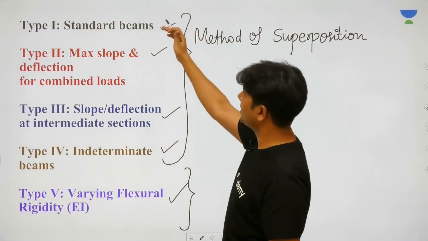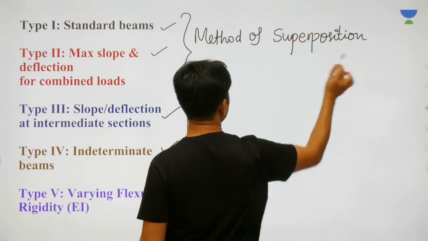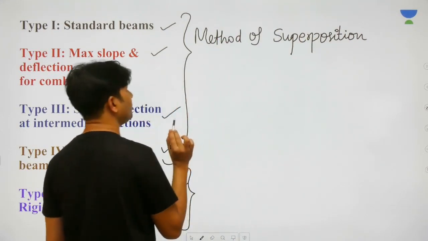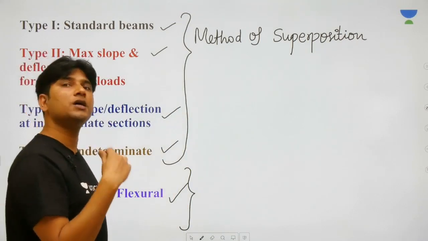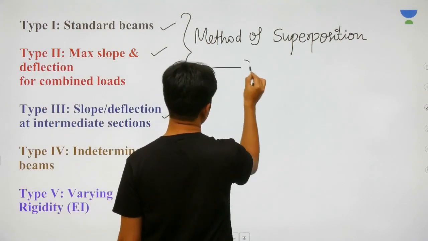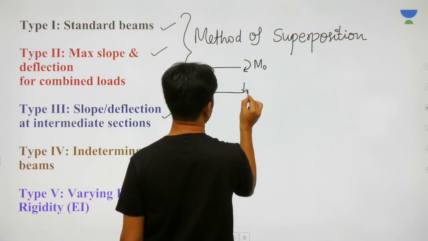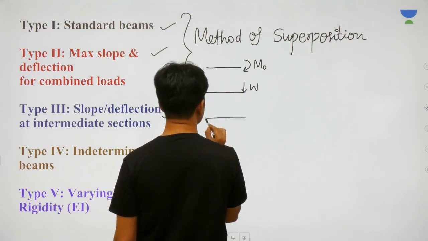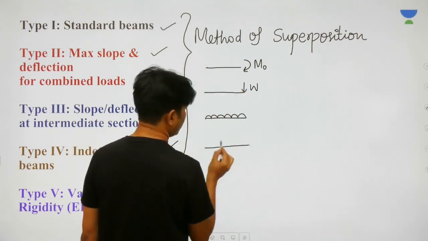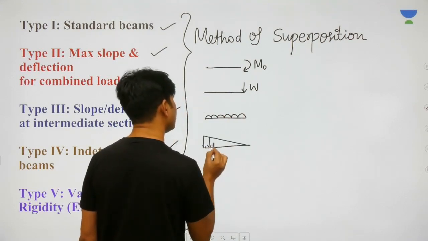So for type 1, type 2, type 3 and type 4 problems, I recommended the method of superposition. In this method, any given beam you break into a combination of standard beams, and then you can use the standard formulas. So what are these standard beams? These standard beams are a cantilever beam with a couple, a point load, a UDL, and a cantilever beam with a UVL.